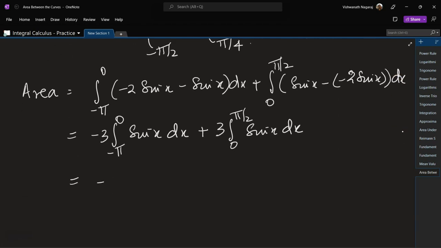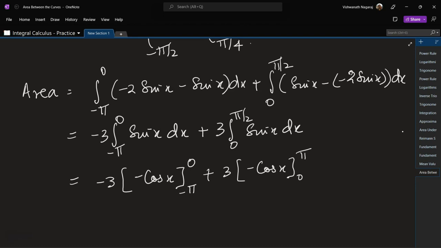Okay, now let's integrate this. Minus cos x from minus pi to 0, plus 3 times minus cos x from 0 to pi by 2. Minus, we can take it out, so this becomes 3. Cos 0 is 1, minus cos minus pi is minus 1.